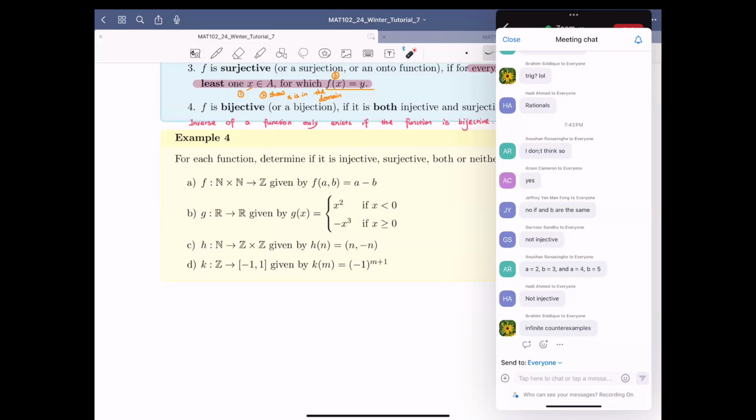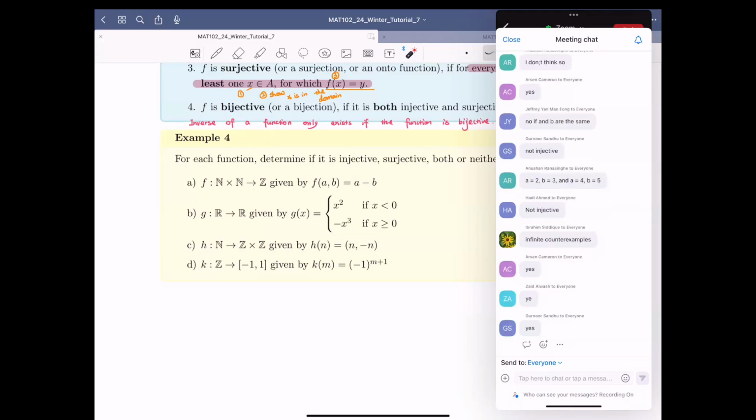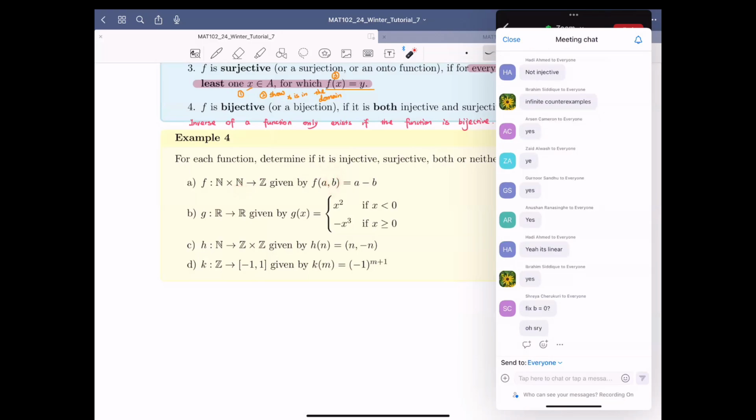What about surjectivity? Do you think it's surjective or not? Yeah, it's surjective. Why? Let's say, given y in the naturals, what do I use as my A and B? Anyone? Can B be 0 though? Keep thinking, you're getting there.